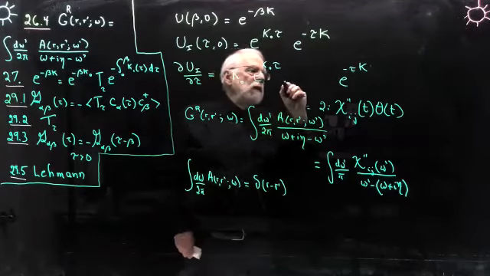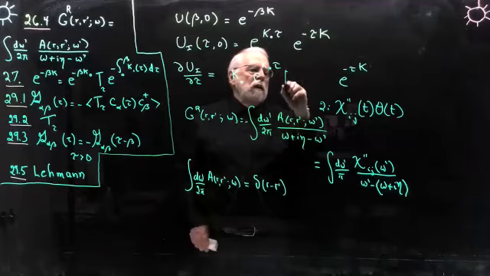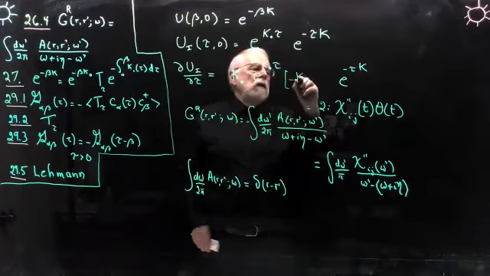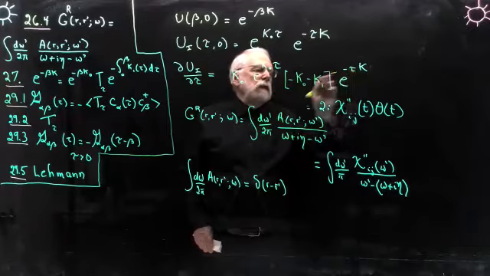So the term that comes from that derivative will be equal to minus K0 minus K1, okay, because K is K0 plus K1.